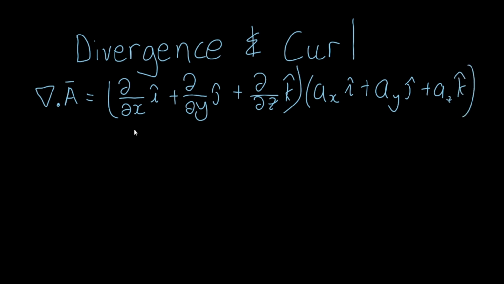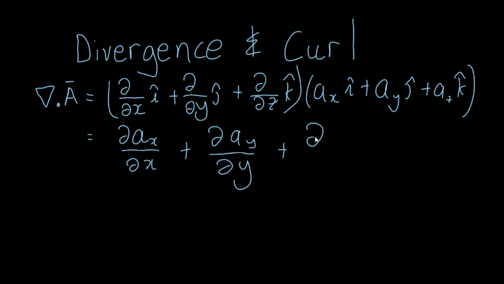When we take this dot product, you remember that i times i gives us 1 and i times j gives us 0, as is the case with all perpendicular components. Then we're left with just ∂Ax/∂x plus ∂Ay/∂y plus ∂Az/∂z.